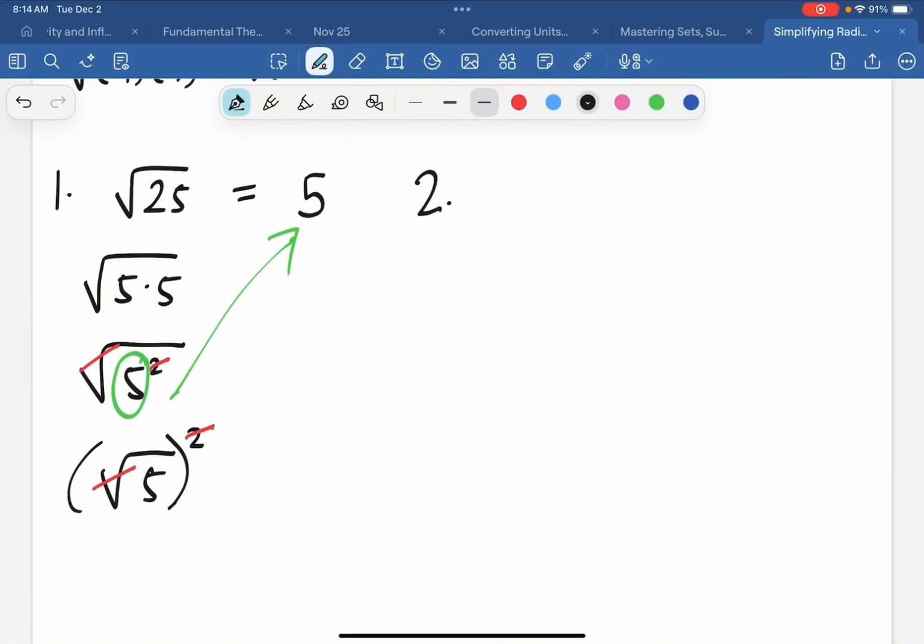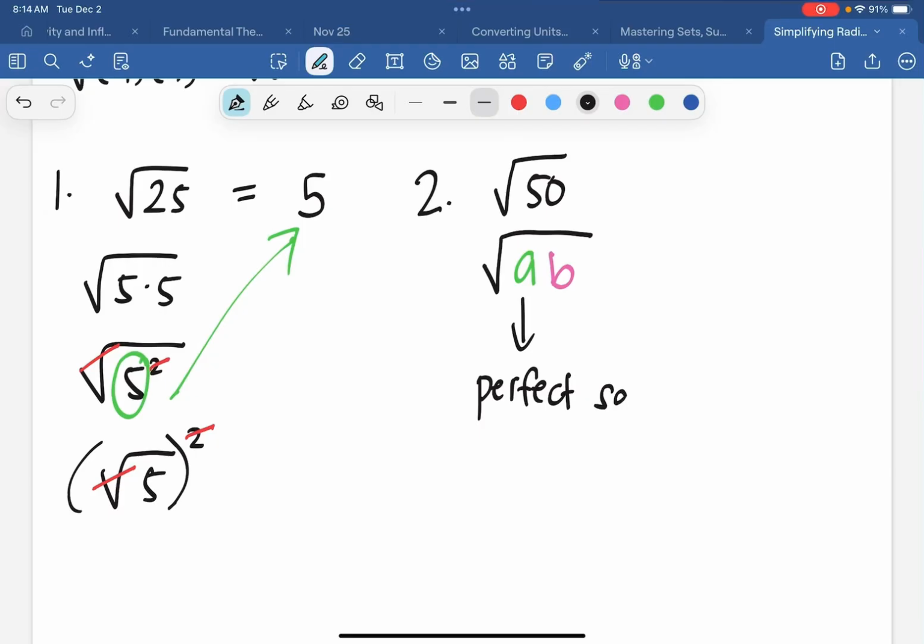Next, let's have the square root of 50. As you have mastered perfect squares and perfect cubes, or let's just talk about perfect squares, we know that 50 is not a perfect square. So what do we do with this? All we need to do is, let me illustrate, A and B. A here should be a perfect square, and B is a non-perfect square.